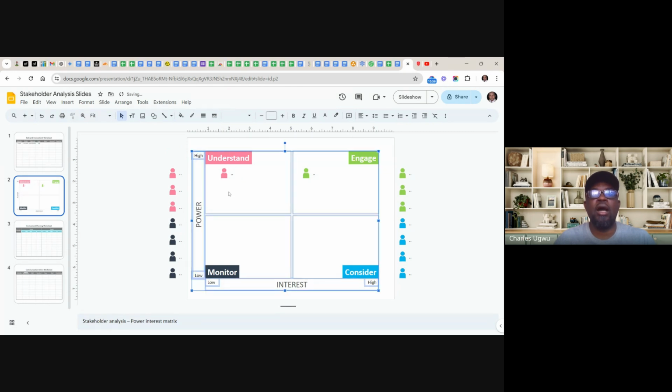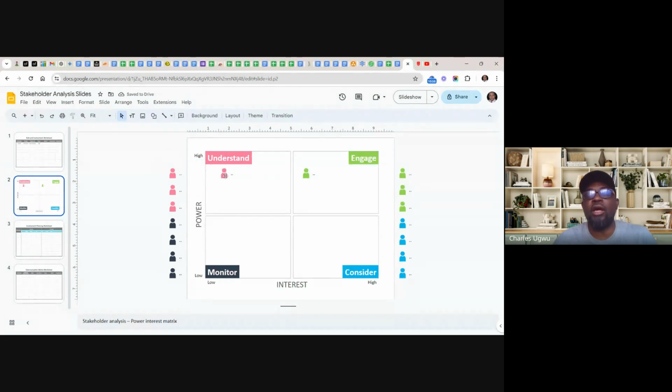So who are likely going to be stakeholders with high power and low interest? I will use our project as an example. Our project is this particular application called Miaras.